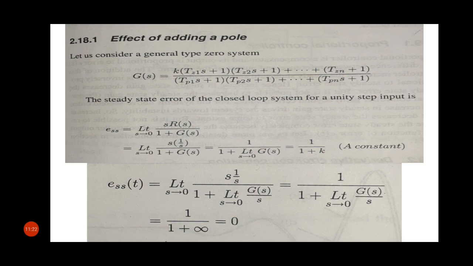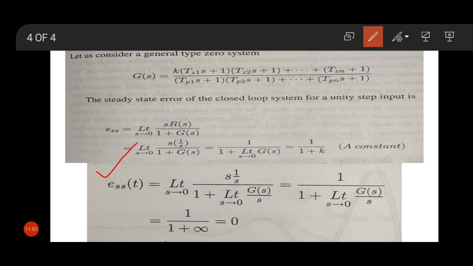An addition of pole at origin in the forward path increases the type number by 1. Therefore, the steady state error of the system for a unit step input after addition of a pole at origin is ess' equal to this equation.